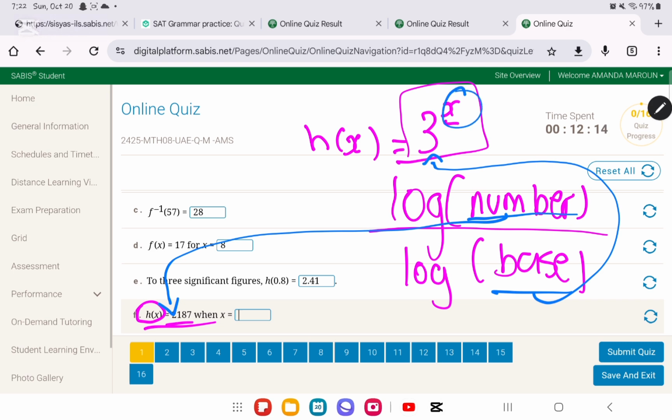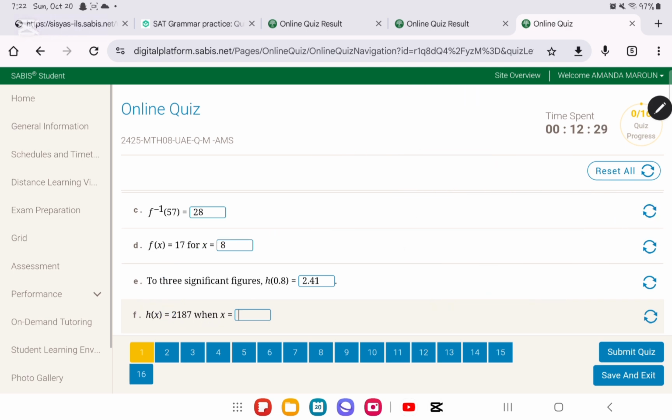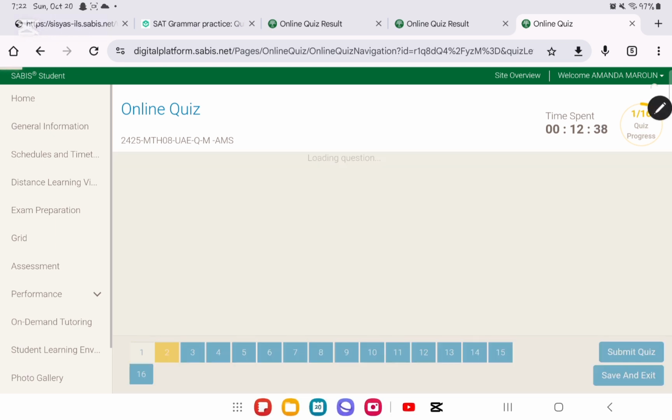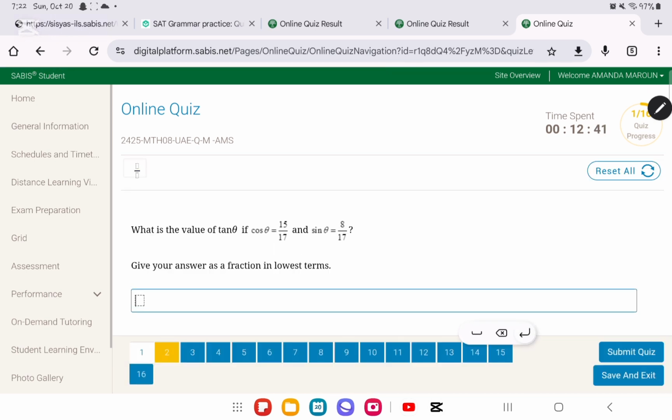So like this, we're gonna find the exponent x. So it's gonna be log 2187 over log 3, and we will get 7. So our answer is 7. And if you want to double check, you can do 3 to the power of 7 and you will get 2187.